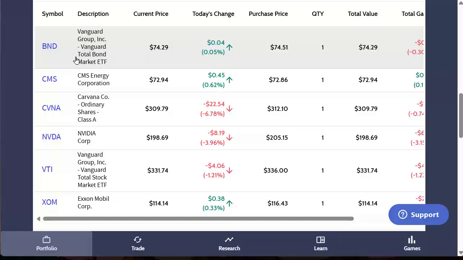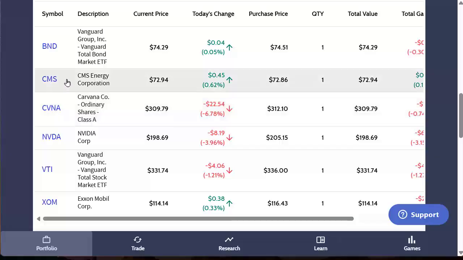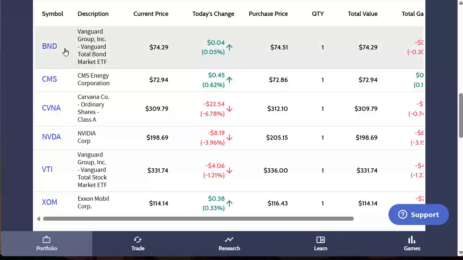We bought 1 share of ExxonMobil, XOM, 1 share of VTI, which is an index fund that tracks the entire US stock market, 1 share of NVDA, which is a computer processor company, 1 share of Carvana, which is an automobile sales company, 1 share of CMS Energy, which is an electric company in Michigan, and 1 share in BND, which is a bunch of bonds in the USA.